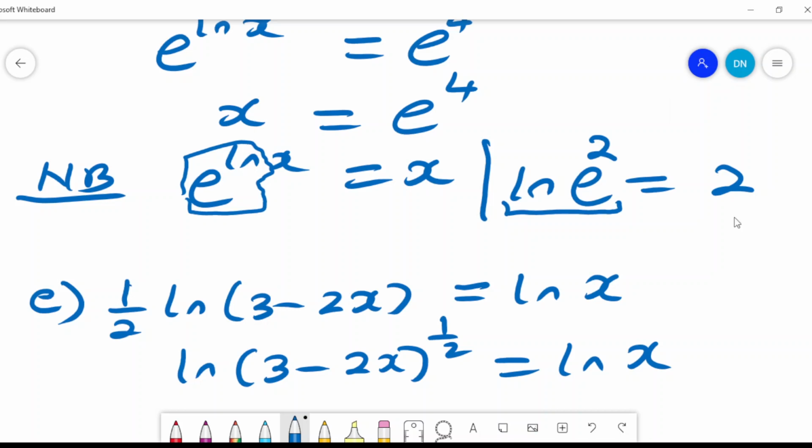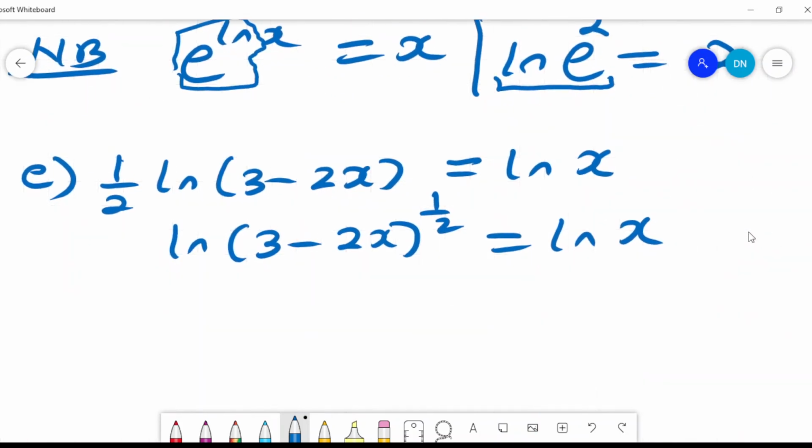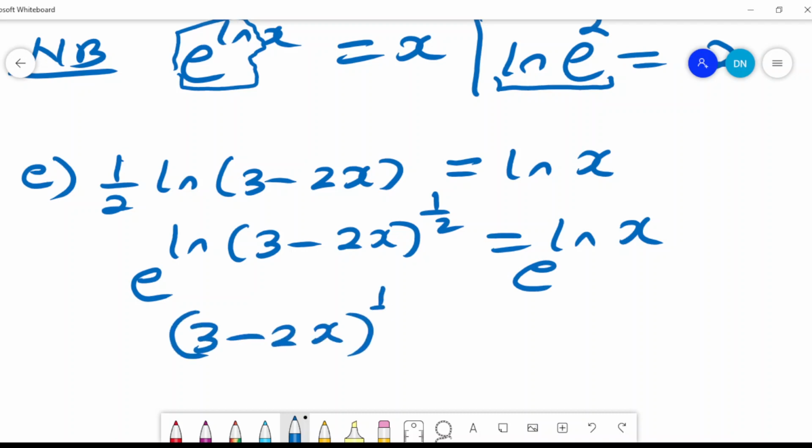Remember, we've said that the exponential function normally cancels the ln. So if I introduce e, it will cancel out the ln, and I'll be left with 3 minus 2x raised to the power half is equal to x.